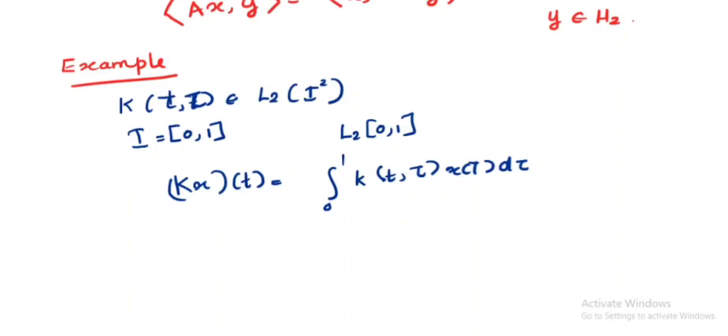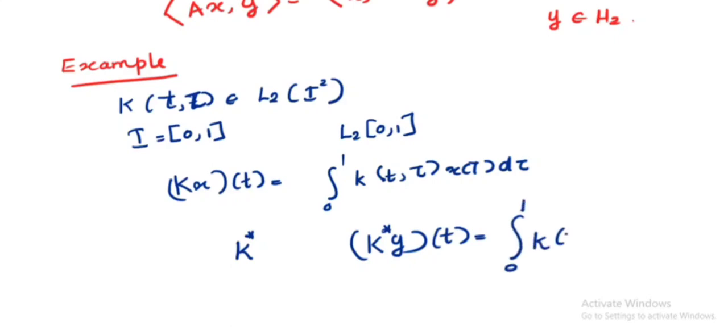We have to prove that the Hilbert space adjoint operator K star is given by K star y of t is equal to the integral from 0 to 1 of K(tau, t) conjugate y(tau) d tau.